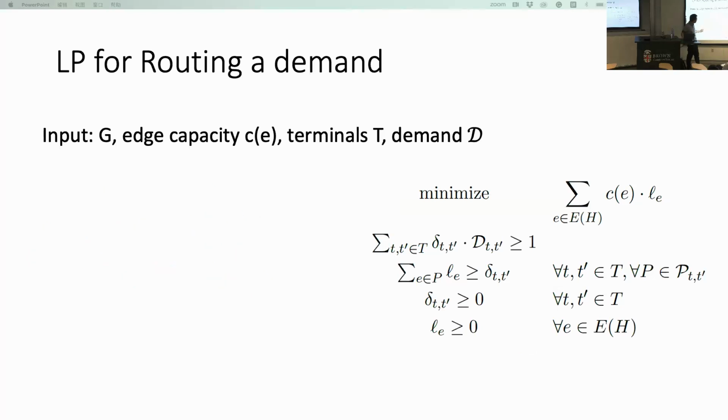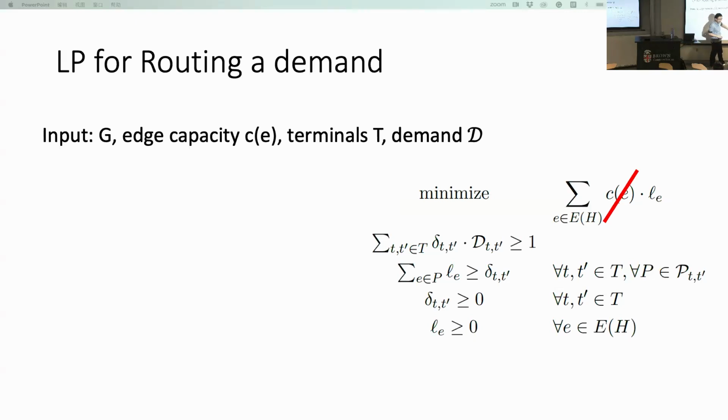Let's look at the dual in more detail. First, we can ignore the capacity. Let's just assume that all capacities are 1. Even if the capacities are real values, we can think of them as parallel edges. It doesn't change anything, so this makes it simpler. Now, what are the variables?